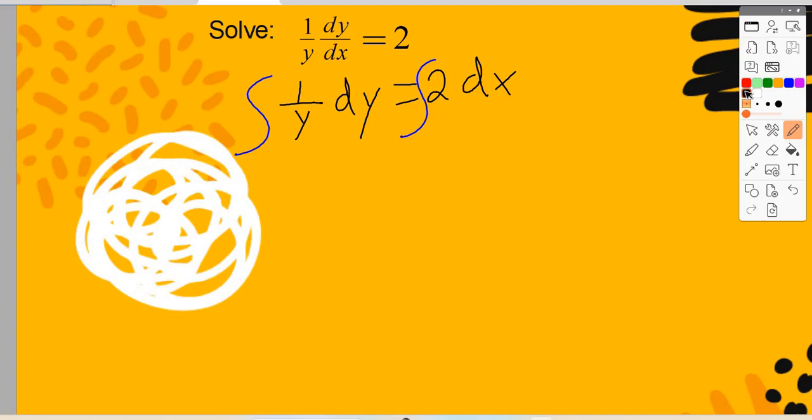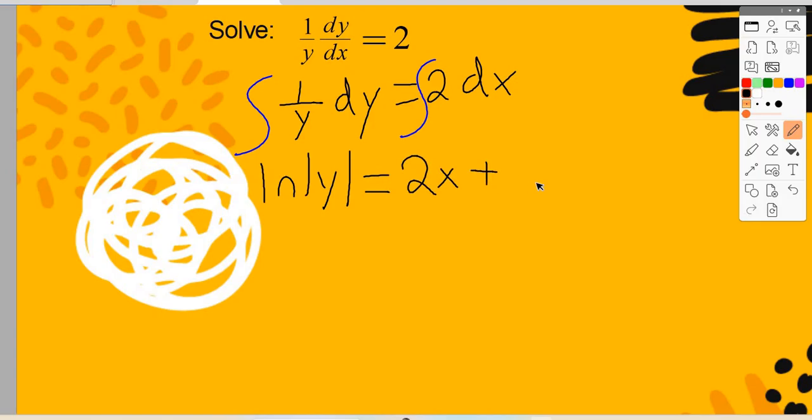So then what is the antiderivative of 1 over what? Natural log of absolute value of what? What is my antiderivative of 2? What are we forgetting? Plus c.